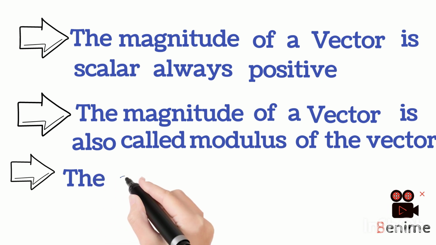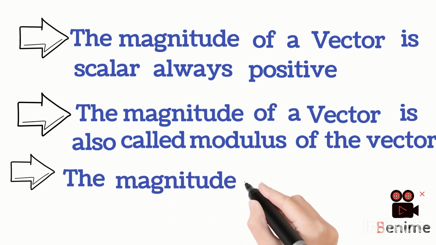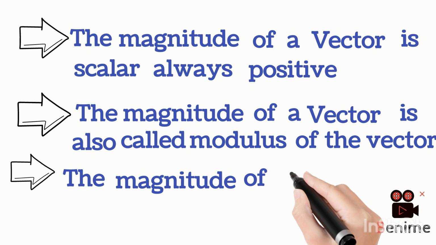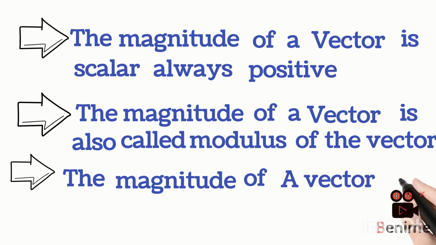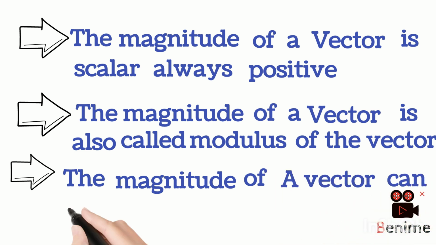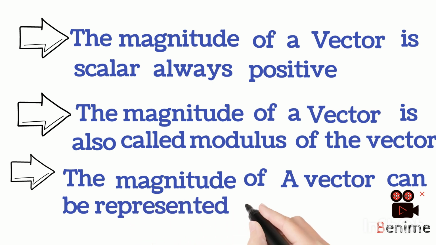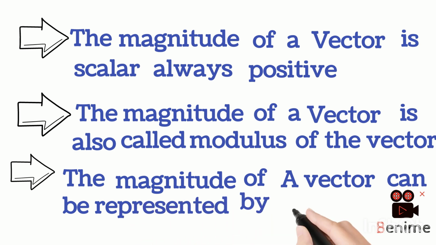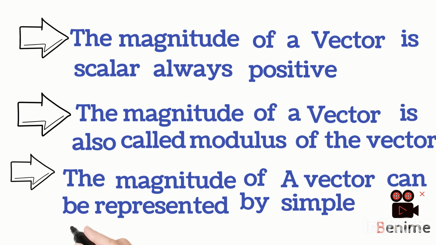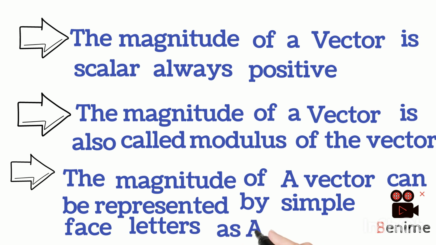The magnitude of a vector can be represented by the simple base letter of the vector.